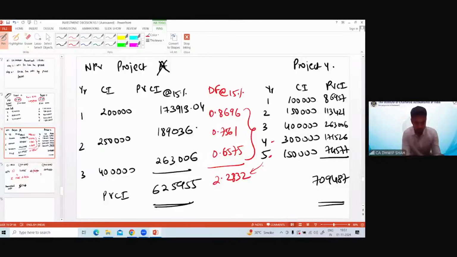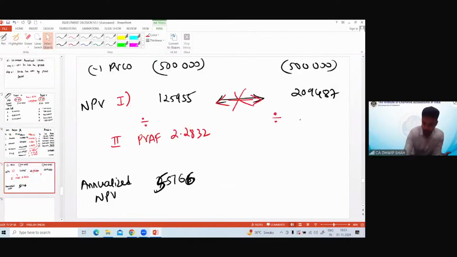For year 4, it is 0.5718 and for year 5, it is 0.4971. So 2.2832 plus 0.5718 plus 0.4971 comes to 3.3521.